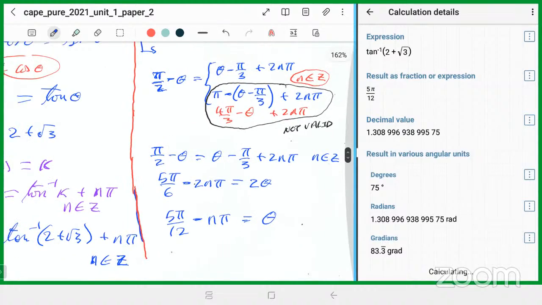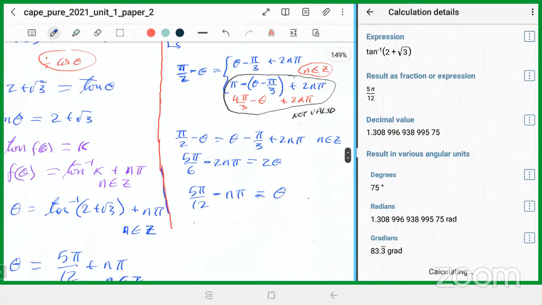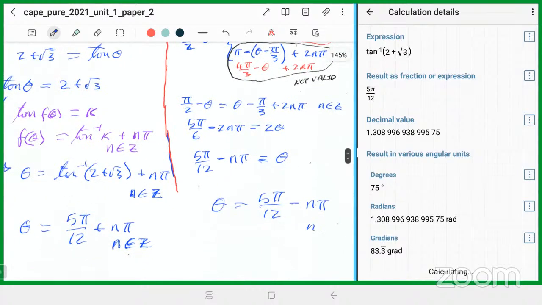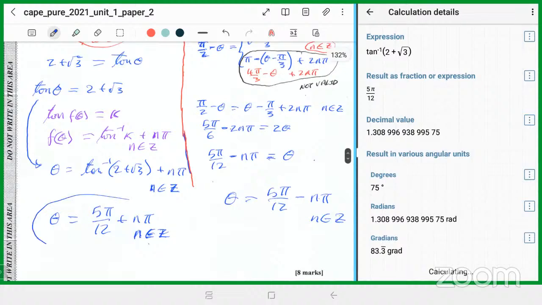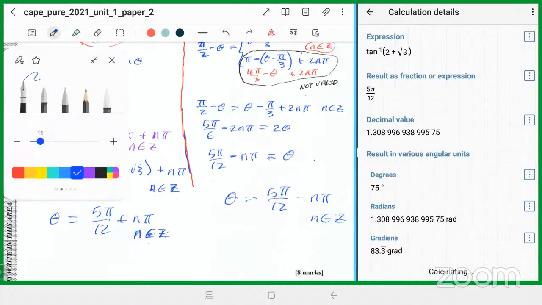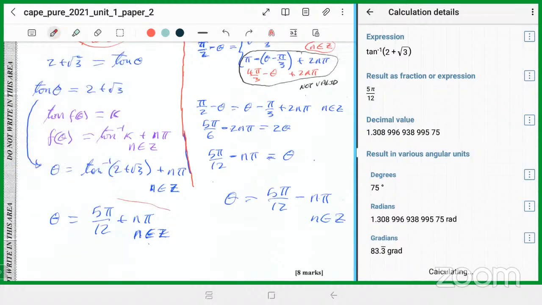Now you might say, so this way, if I turn this around now, it really means that theta equals 5 pi by 12 minus n pi. Again, the n is an integer. So I got this result, circle it now. I got this result, doing it that way, and I got this result, doing it that way.